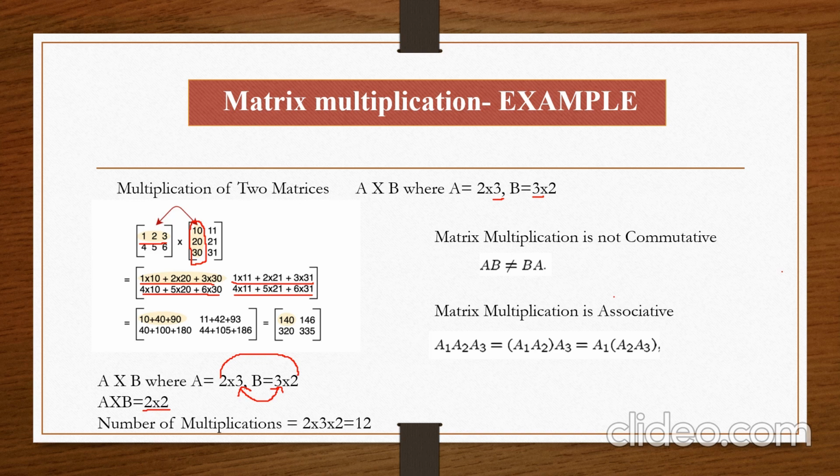So what do you infer from this? This is called parenthesization. The parenthesization does not change the result value, but the changes will be there in the number of multiplications that you do.